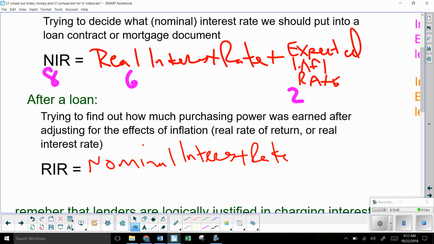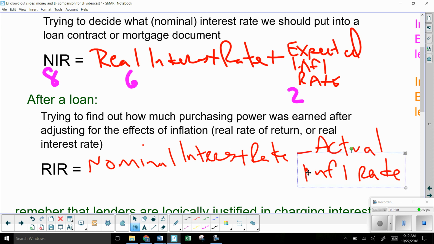And to figure out how much actual increase in purchasing power I got, I'll need to subtract from that however much got eaten away by rising prices. But I don't need to use an expected inflation rate anymore, because now I know how much the level of prices went up.